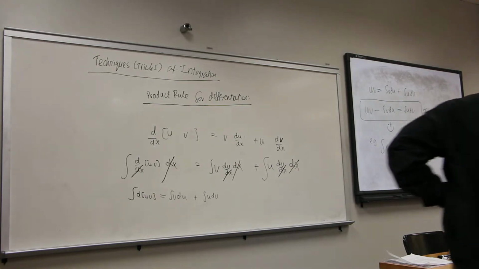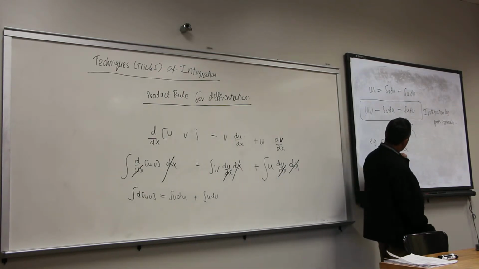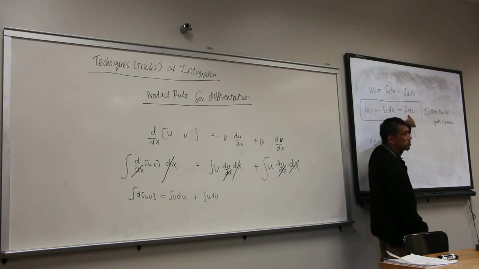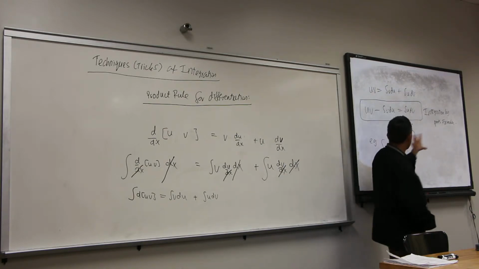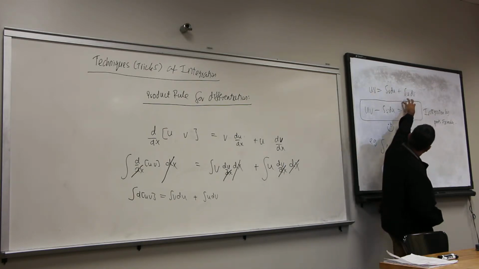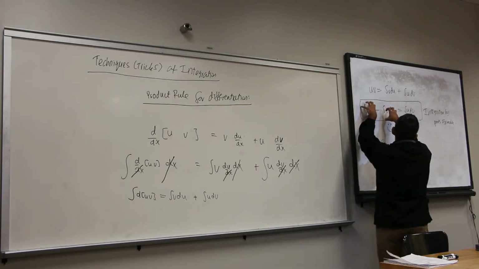So you are going to have to translate this to this. You're going to say, this is something I don't know how to integrate. So I'm going to have to write it like this and then change it to that.